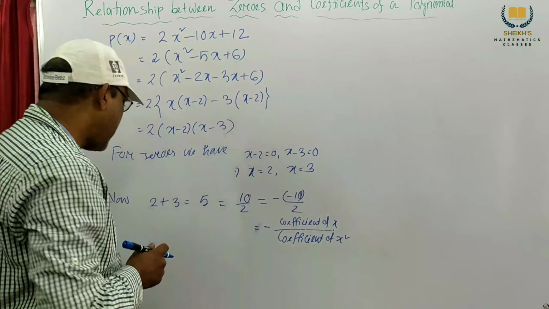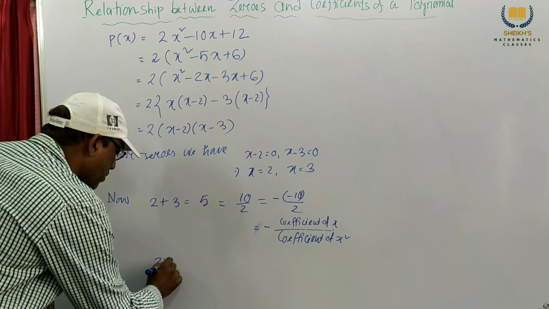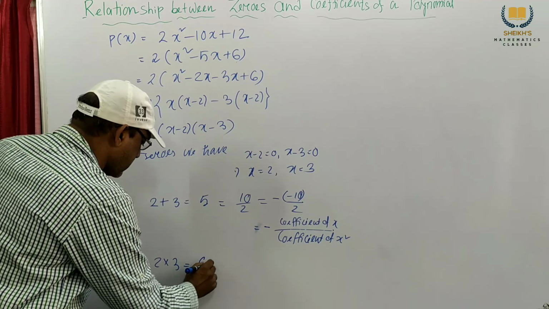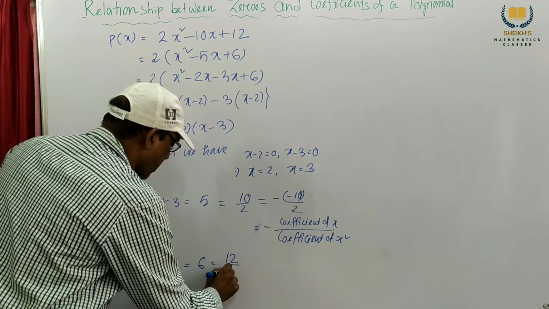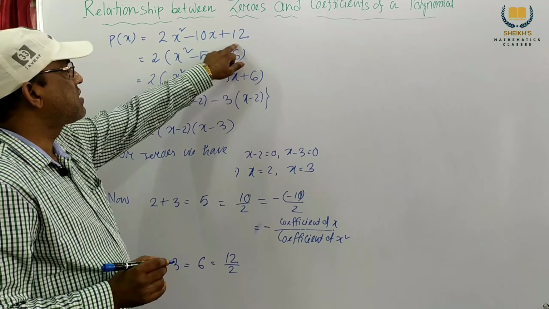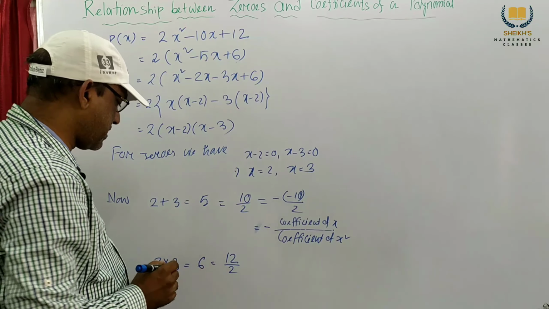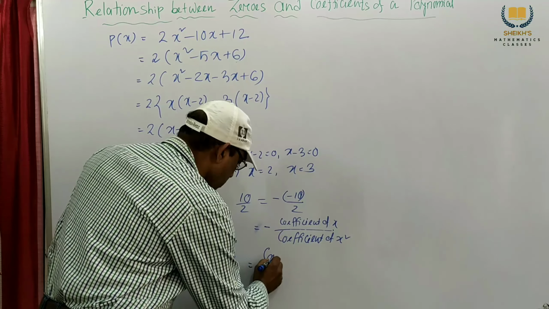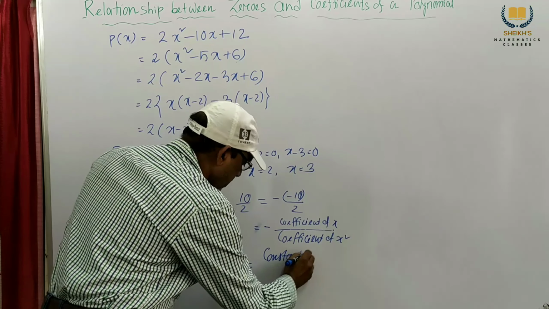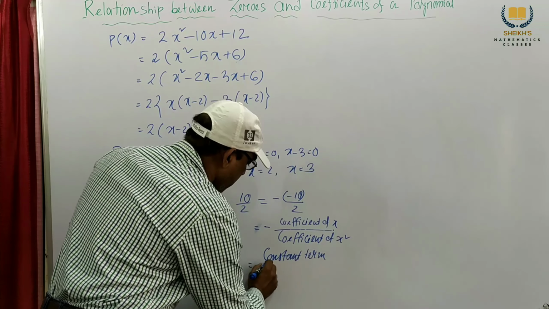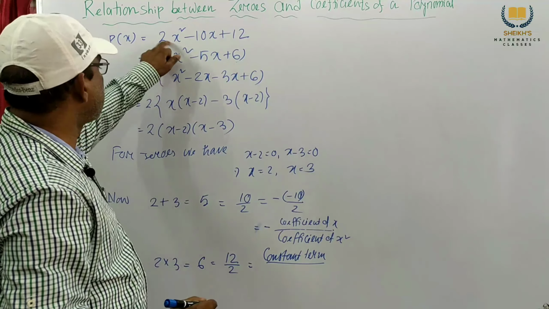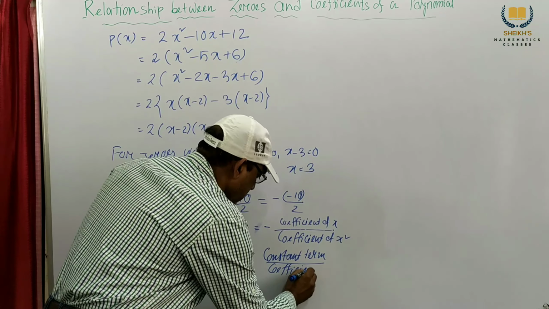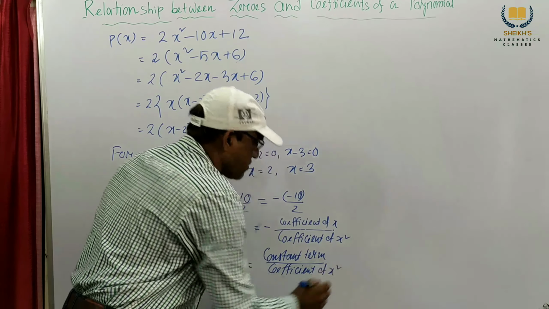Again, if we multiply these two zeros, 2 into 3 equals 6. And 6 is 12 by 2, where 12 is the constant term and 2 is the coefficient of x².